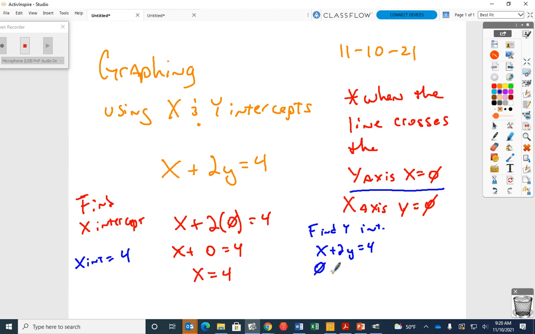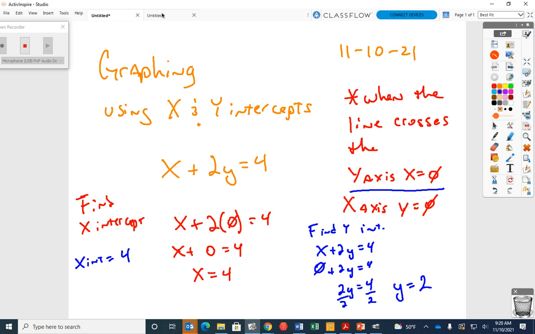So this is 0 plus 2y equals 4. 2y equals 4, right? Divide each side by 2. What does y equal? 2. So my x-intercept is 4 and my y-intercept is 2.